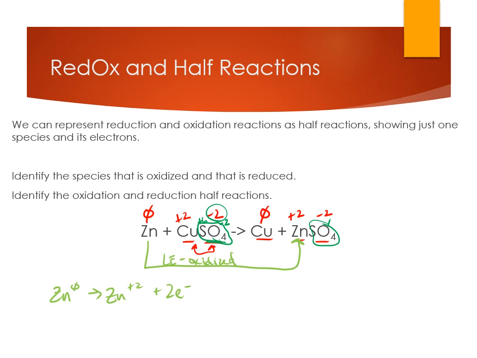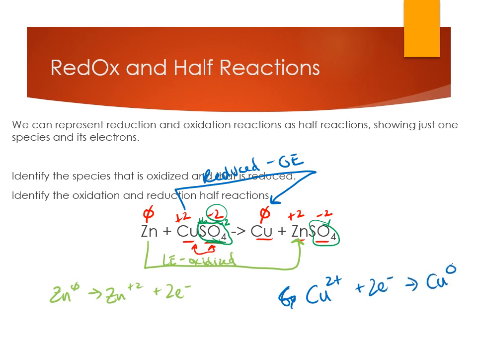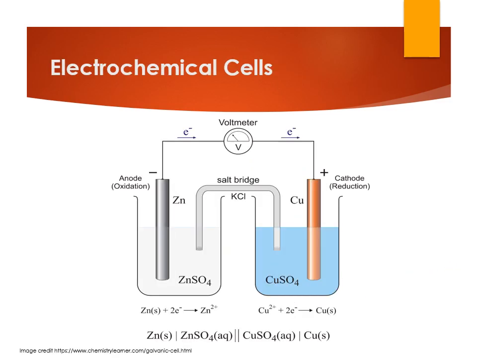Meanwhile, notice our copper. Copper went from a +2 to a 0. It went down. It was reduced because it gained electrons. Our reduction half reaction is going to be copper with a +2 charge gaining those 2 electrons and turning into copper with a 0 charge.